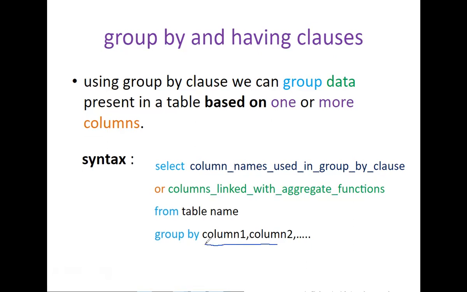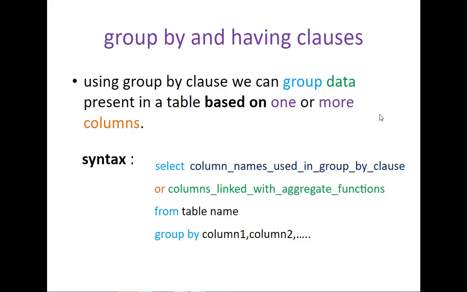Whichever column you write over here, only this column you have to use in the select list. The columns associated with the group by clause, only those you can use in the select list. That is one condition. Otherwise, it should be linked with an aggregate function, that is min of, max of. We have 5 aggregate functions, right? Any one function we have to use with the column, then only we can use it in the select list. So the same thing I will explain.